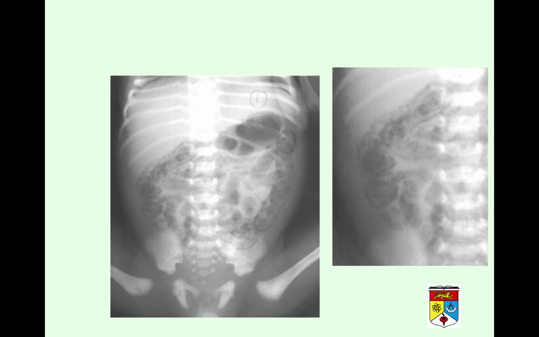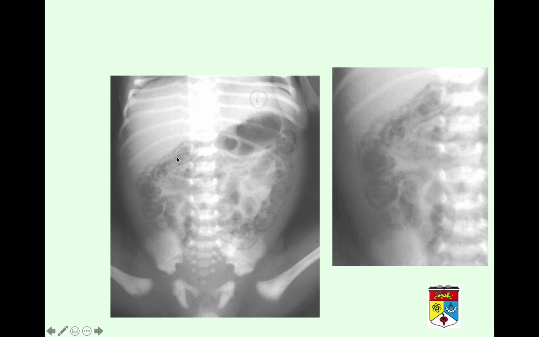Okay. Now, we have done with air outside the lumen, and air inside the lumen but dilated. But now we are going to go to abnormal air that is located in the wall of the bowel.